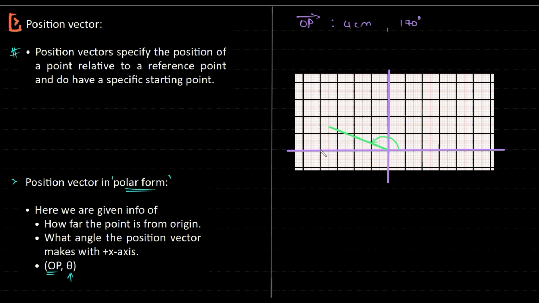So approximately this is what we're looking at. Point P, point O, this is 170 degree. This is 4 centimeter. So this is vector OP pointing towards point P, which is 4 centimeter away, making an angle of 170 degree. Right, guys?